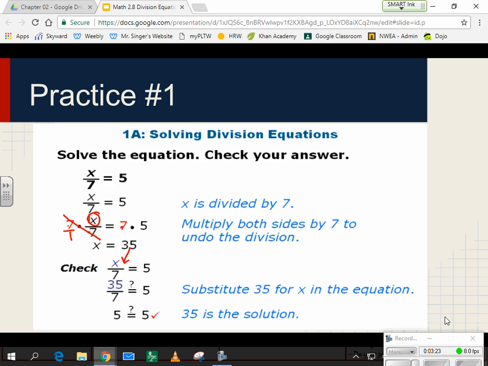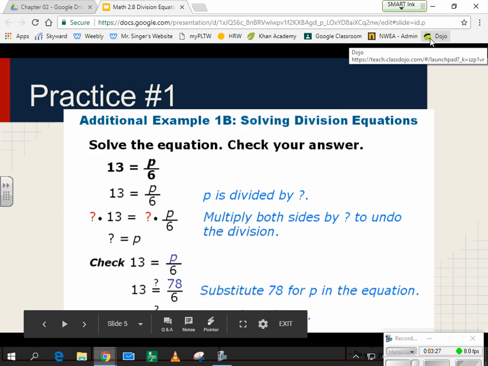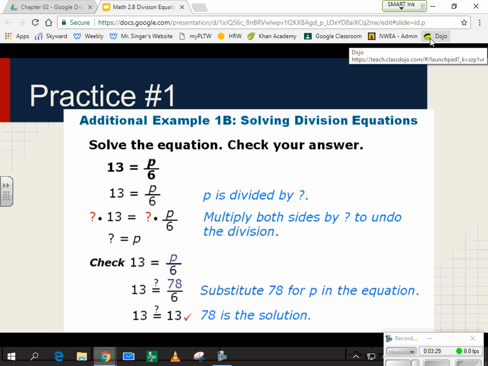Let's look at another one. So here we have 13 equals p divided by 6. The first thing we have to do is figure out what we are going to multiply p divided by 6 by. Well, p is divided by 6, so that means we're going to have to multiply by 6 here.